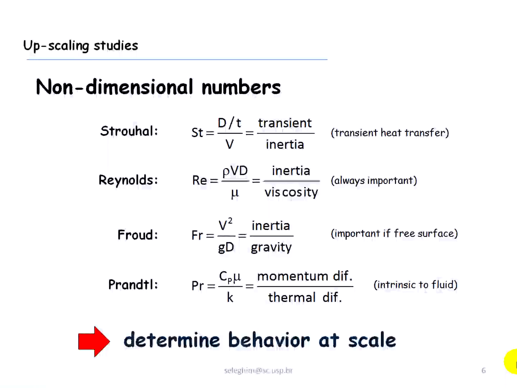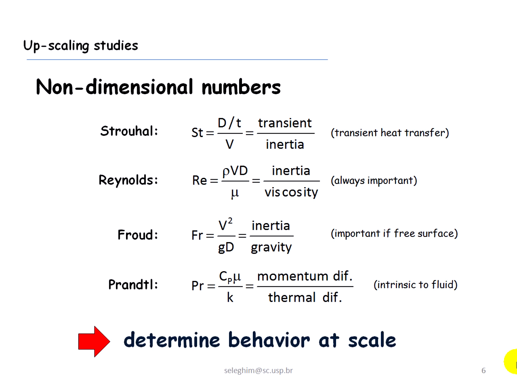And you have the Froude number, which is important if you have a free surface in your problem, because it states a balance between inertia and gravity effects. And the Prandtl number, which is a quotient between momentum diffusion and thermal diffusion, is intrinsic to the fluid. It depends only on thermophysical properties of the fluid.